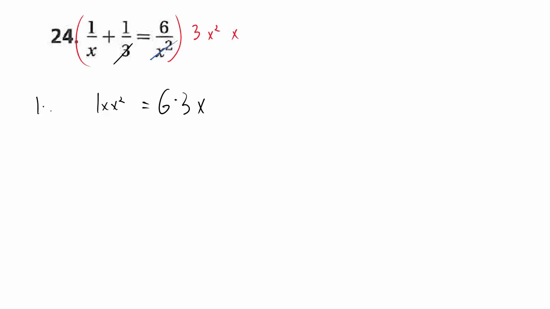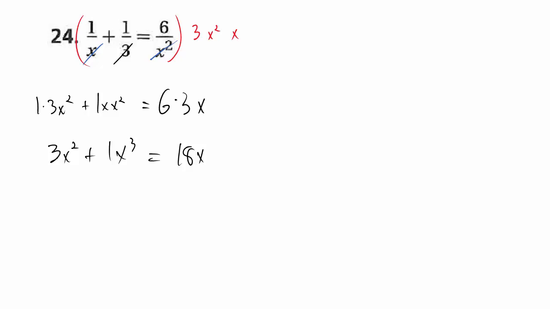And then here the x's would cancel out, and so this one still gets multiplied by the 3 and the x squared. Now, I didn't multiply by the least common denominator in this instance, but it would still work out if you don't want to go through the trouble of finding the least common denominator. So we get 3x squared plus 1x cubed equals 18x.